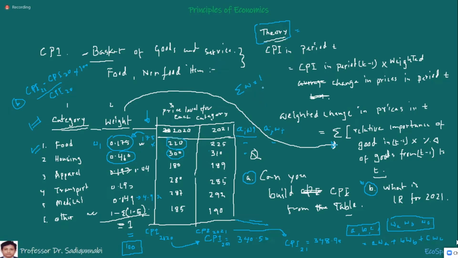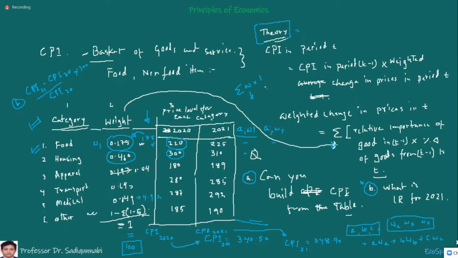So that's why when you are taking weighted average, you must convert weight from percent to one scale, point scale. Okay, understood clearly? Yes, sir.